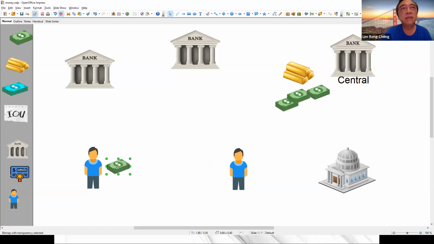Then this worker will use this money, he goes and spends it.